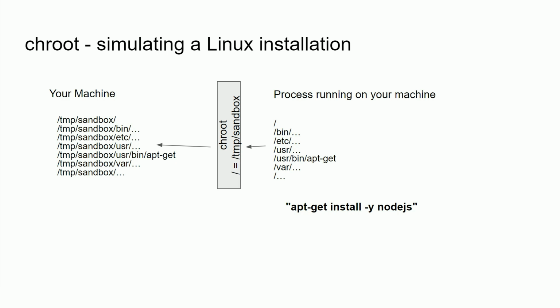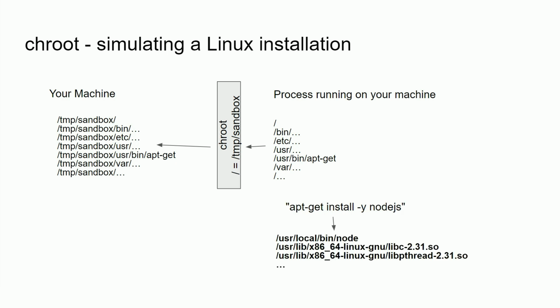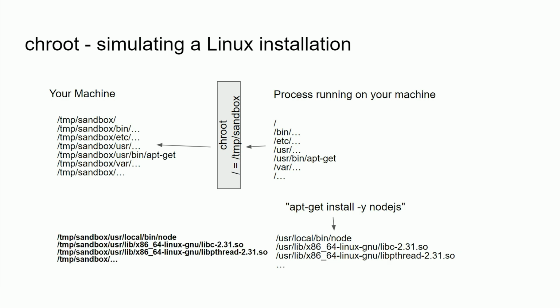The package manager will correctly download all the required packages, copy all the right files into all the right places, and end up with Node installed on the machine. Of course, in reality, all of this just happened within our sandbox directory. But as far as the chrooted process is concerned, it just installed Node, and now it's ready to run our Node script.